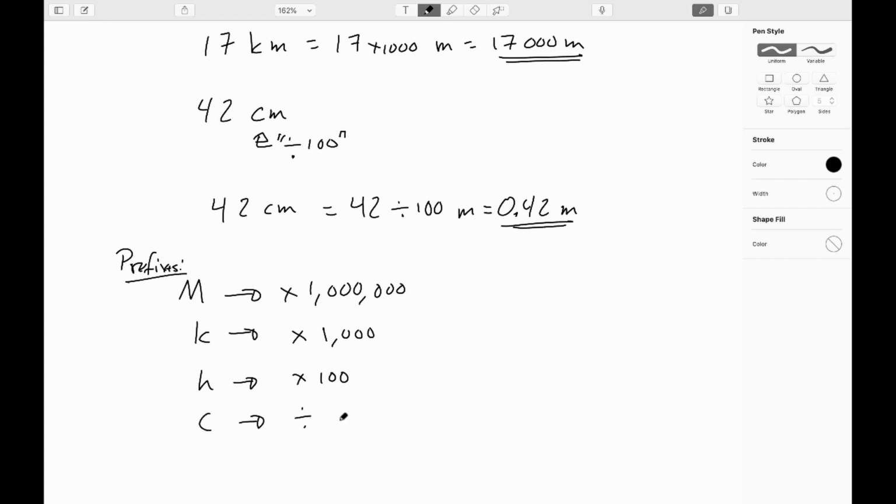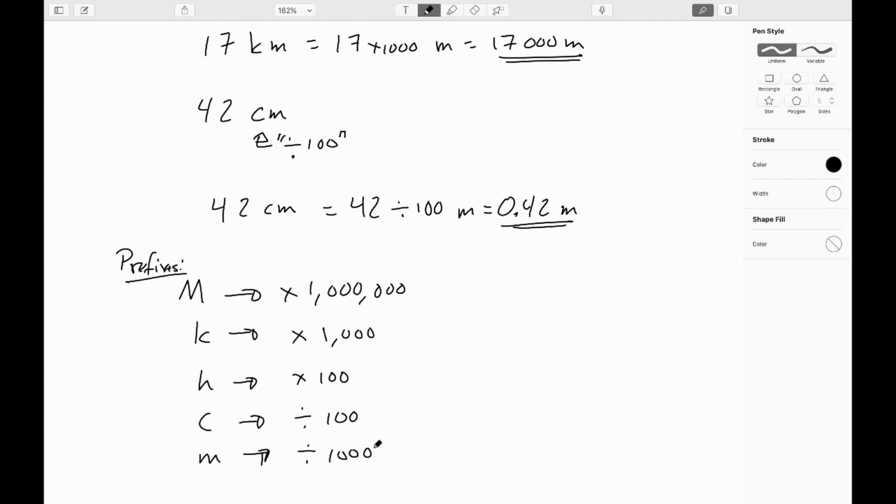When you see that, you're going to replace that with divide by 100. And milli, not to be confused with meter, so the position matters. Replace this with divide by 1,000. Okay.